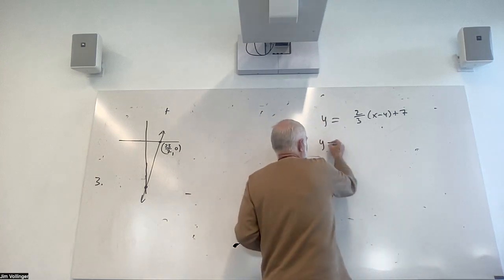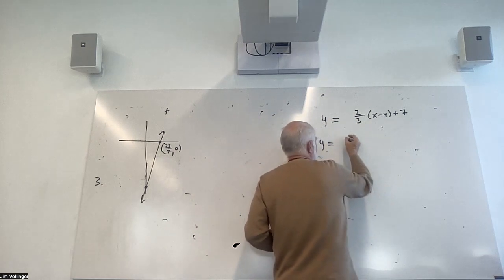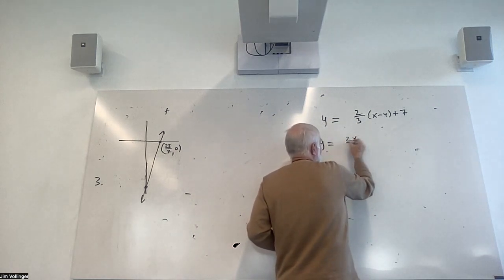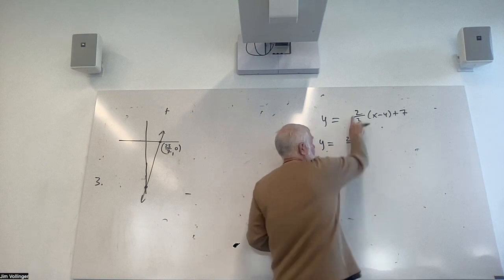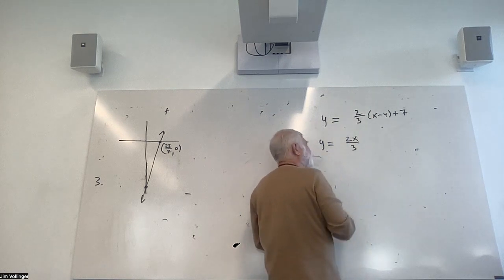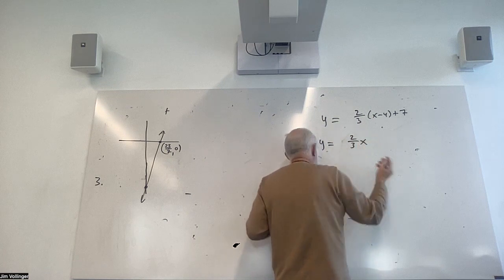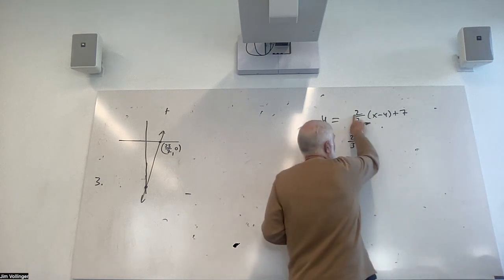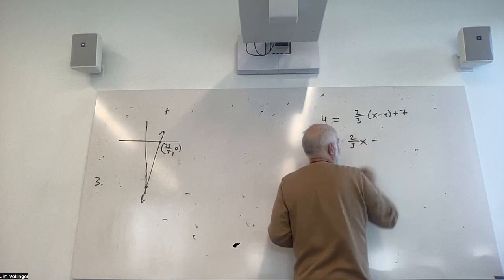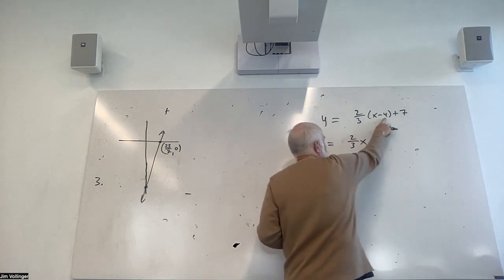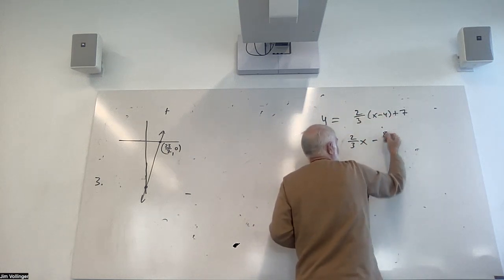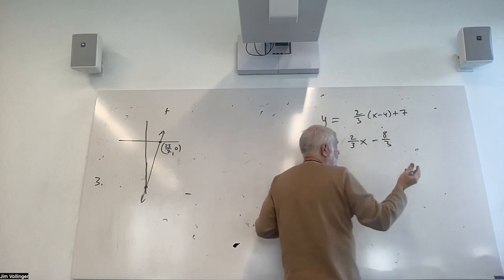All right, so let's do the multiplication. 2/3 times x is 2x over 3. I'm multiplying x by 2 and dividing by 3, and it's nicer, I think, if you write it as 2/3 x. That's fine. But now we got 2 times -4, which is a negative number, positive times a negative, and 2 times 4 is 8. And then I got to divide it by 3.